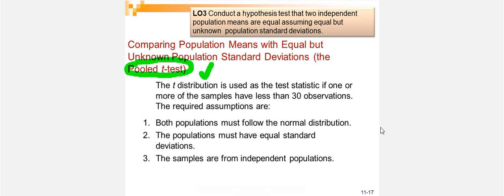The t-distribution is used as the test statistic if one or more of the samples have less than 30 observations. The required assumptions are both populations must follow the normal distribution, the populations must have equal standard deviation, the samples are from independent populations. Okay, thank you Siti Nur Asia.